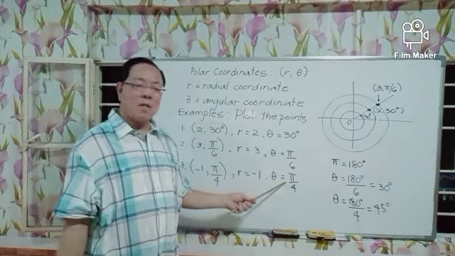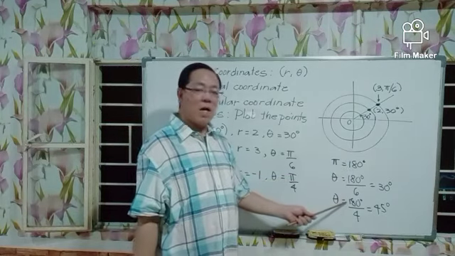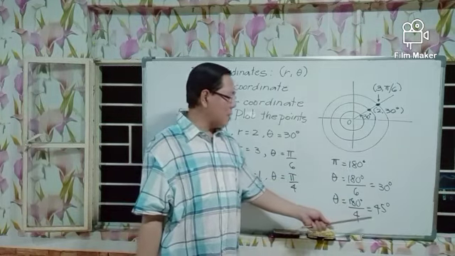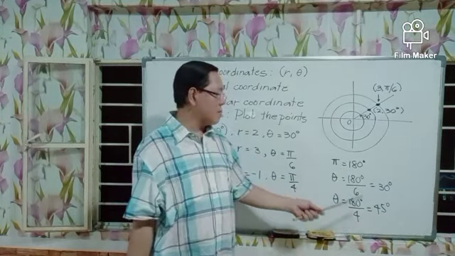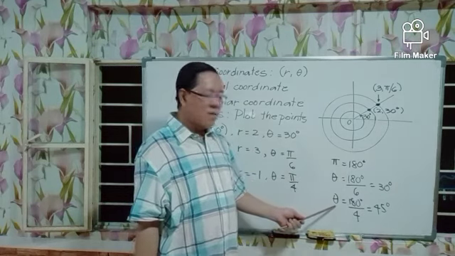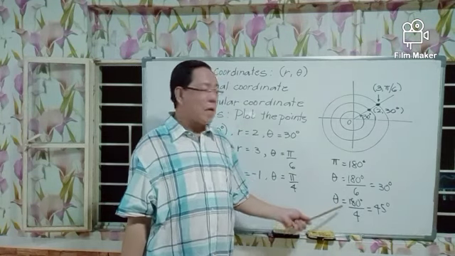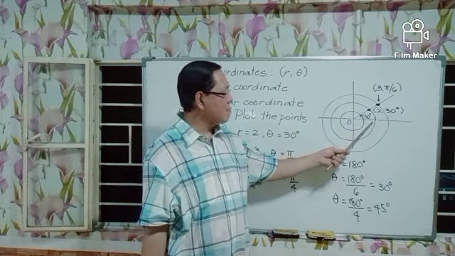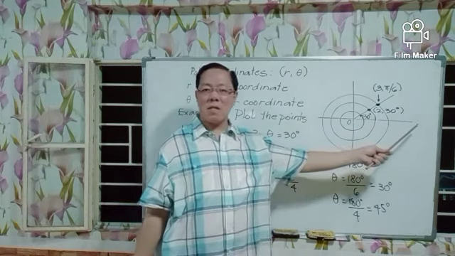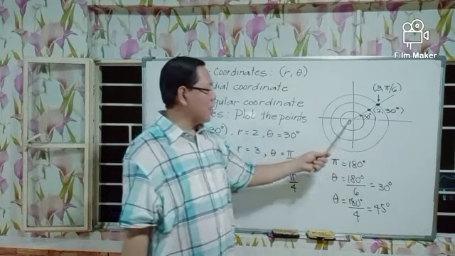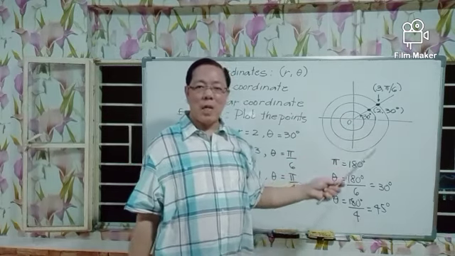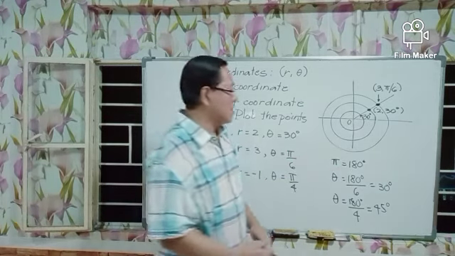If pi equals 180 degrees, we get 180 degrees divided by 4. That gives us 45 degrees. And we start by measuring 45 degrees from the positive x-axis or the ray to the right of the pole. I will now approximate 45 degrees.